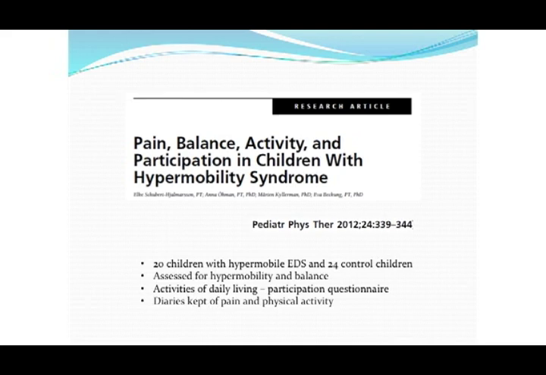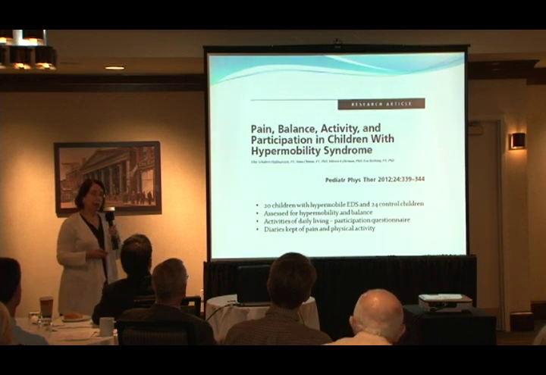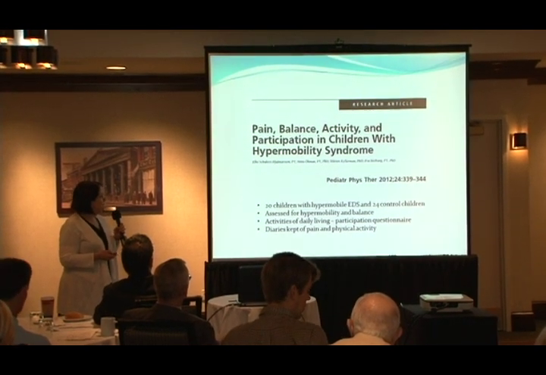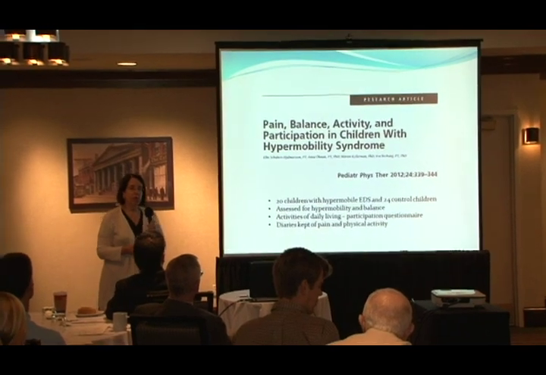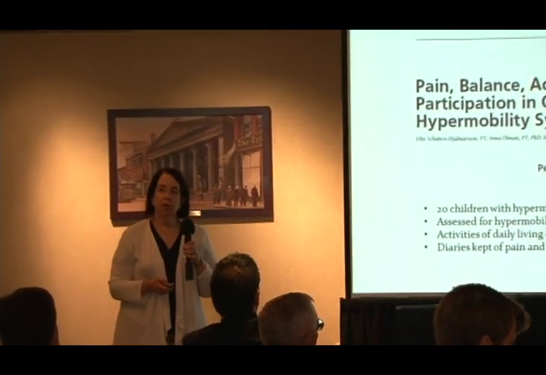And it was quite striking. The data are really pretty dramatic in terms of the diminished participation in activities of daily living, as Barbara was mentioning earlier, their decreased physical activity, their levels of pain, and also their problems with balance. So it seems that proprioception can really be a significant issue and may be one of the contributors to falls that we see in many of these patients.